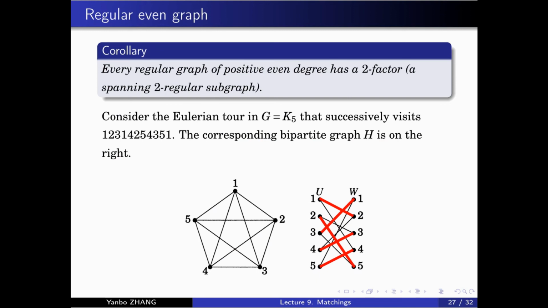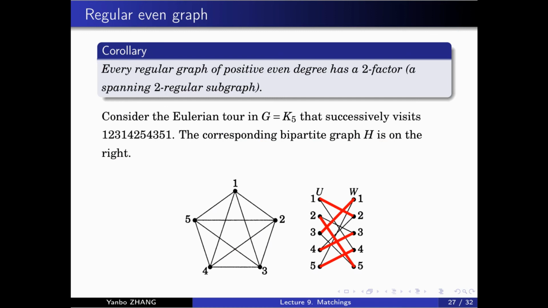Again, let's take this K5 as an example. If we find a perfect matching in the bipartite graph, this matching has 5 edges: 1, 2; 2, 5; 3, 1; 4, 3; 5, 4.